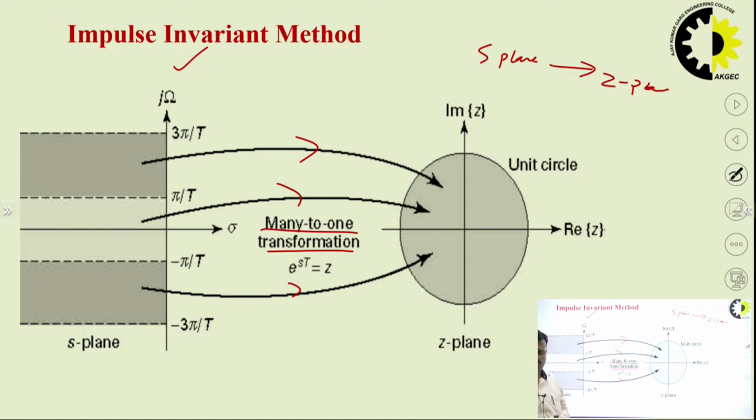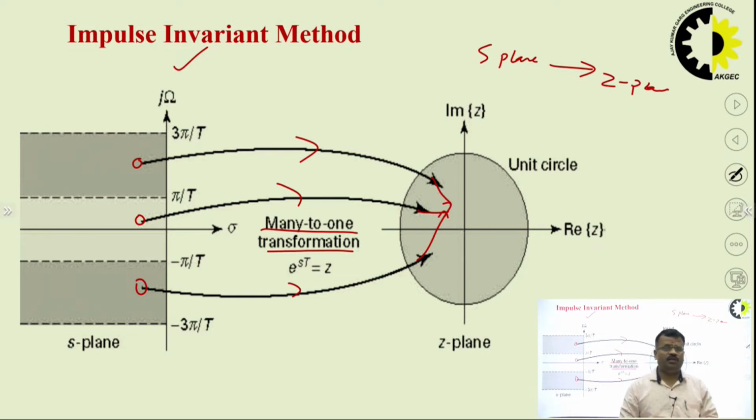I am writing here many to one. What is the meaning of this? Many to one means, if I am considering some distinct poles in the stable region and I want to map these stable distinct poles into the Z plane, these will all be collected and mapped into the same point. That is why I am writing many to one mapping.